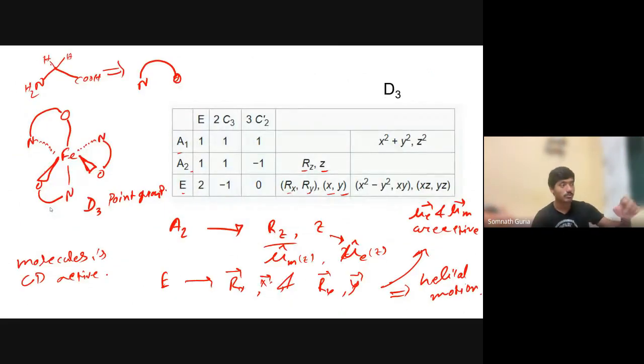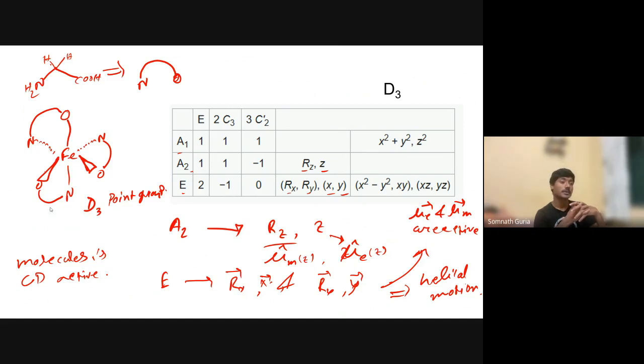Okay, and then we got another example where the molecule has D3 symmetry point group, where we found A2 has Rz, one particular symmetry operation, and E contains x, Rx, y, Ry together.